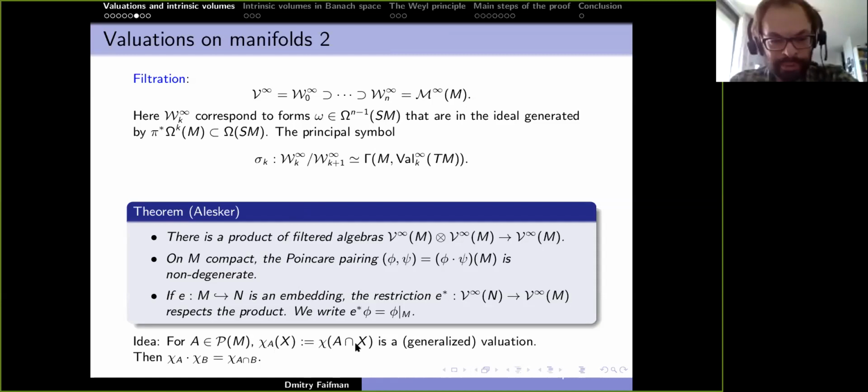And if you insist on the identity that the product of two such valuations corresponds to their intersection, then you can translate it to smooth valuations pretty much how we did it in the linear setting, by considering Crofton formulas. You can produce a smooth valuation out of such a discontinuous valuation by integrating over a bunch of different sets. So that's not really a definition, but that's one good way to think about this product.